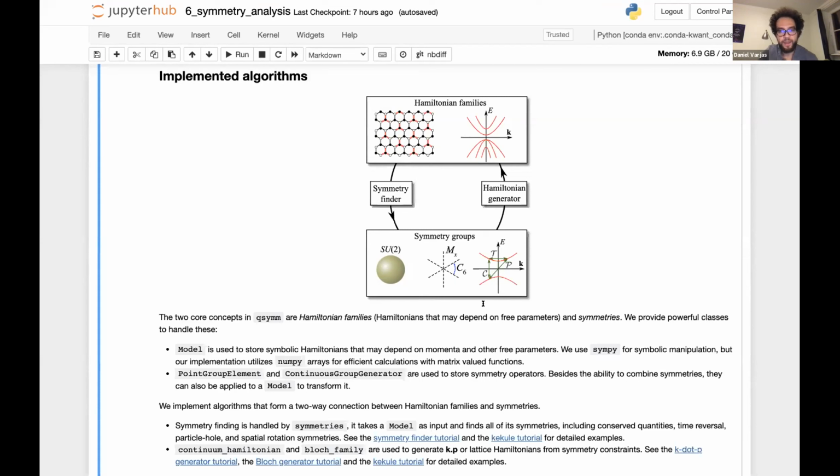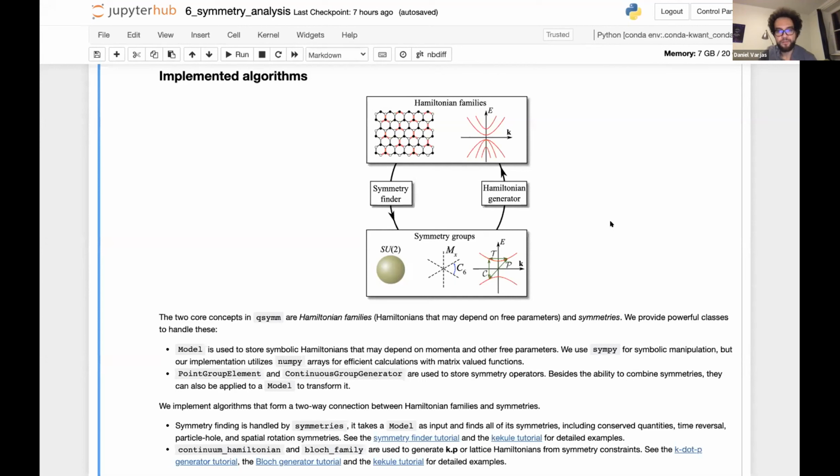And the other way is when you have a given symmetry group and you want to construct Hamiltonians that respect this symmetry. And the Hamiltonian generator functionality does exactly this. It generates all the possible terms in a Hamiltonian that are compatible with the symmetry.